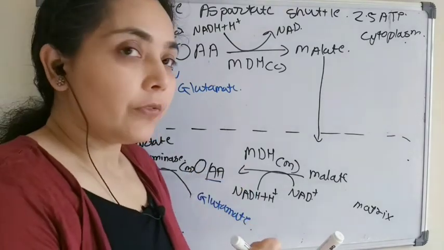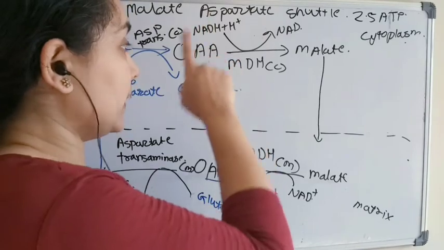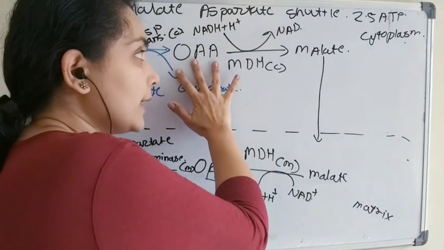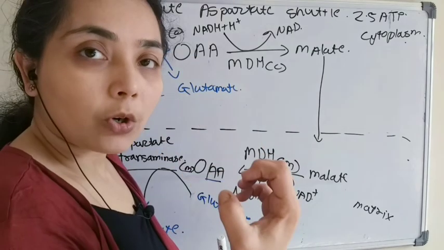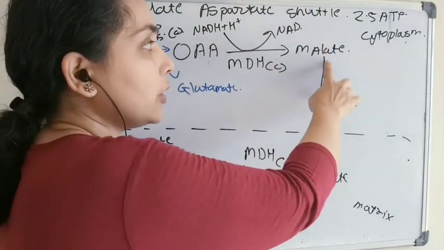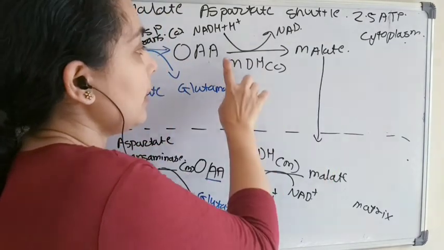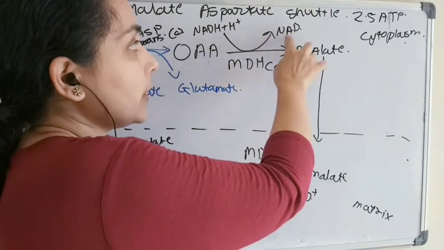Again we will very shortly recap this malate aspartate shuttle. When oxaloacetic acid accepts the electrons and the protons from NADH, oxaloacetate will convert to malate. The malate dehydrogenase enzyme is there, and NADH will convert to NAD.